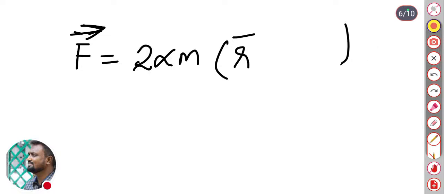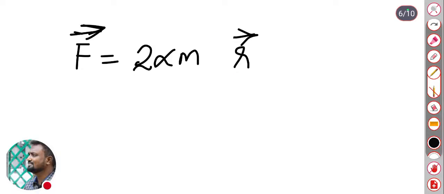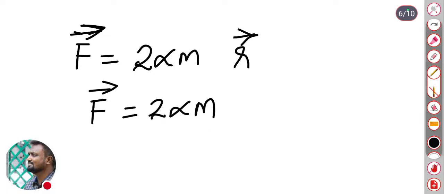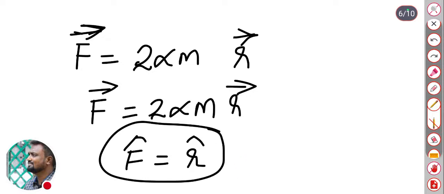One thing I would like to emphasize: if it is an r vector, what is this? This is a central force system. The definition of a central force system: the direction of the force will be equal to the direction of r cap.